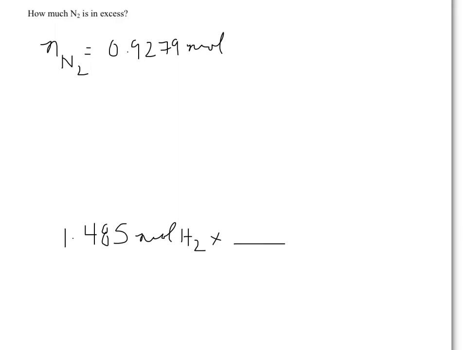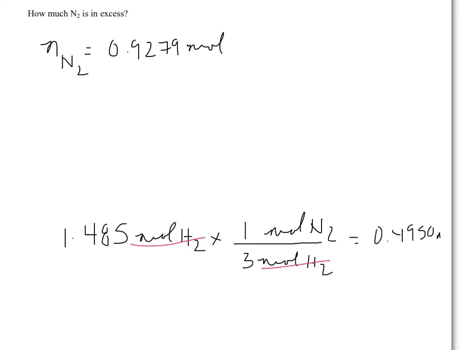Now we're going to figure out how much we needed of nitrogen gas. For every 3 moles of hydrogen gas, there's 1 mole of nitrogen gas. Cancels out. And when I punch that into my calculator, I get 0.4950 mole needed. And that's how much is used up.